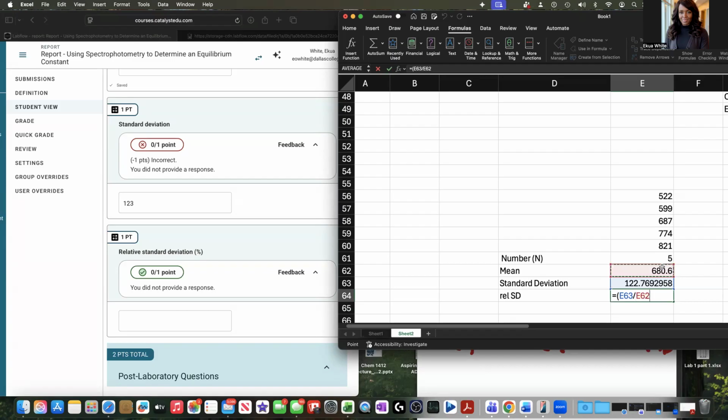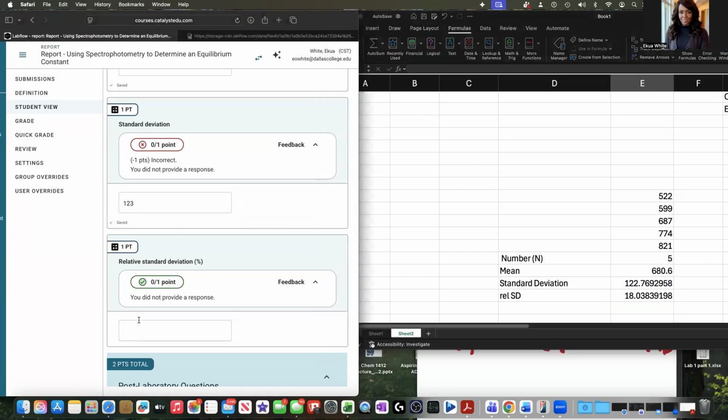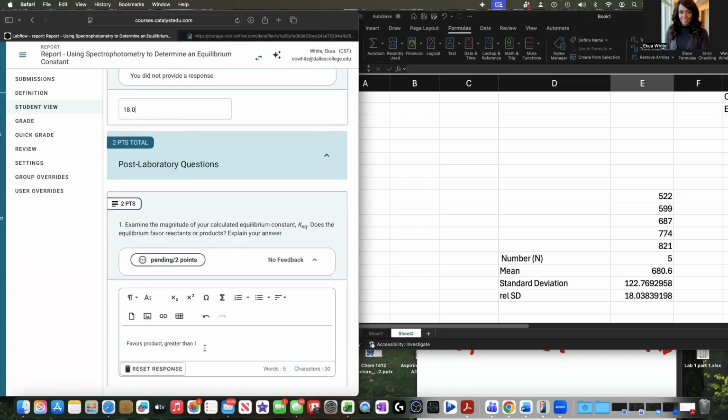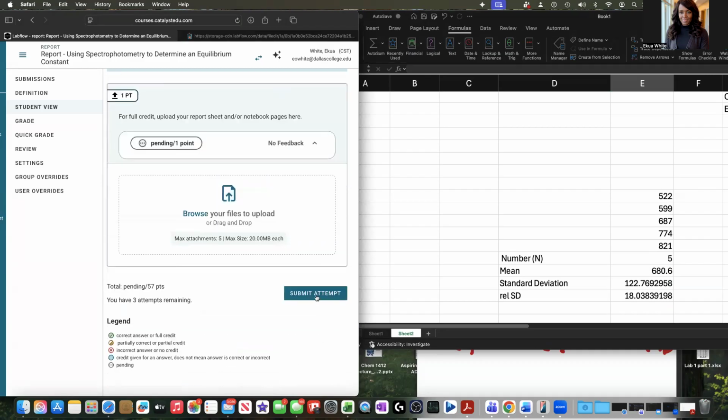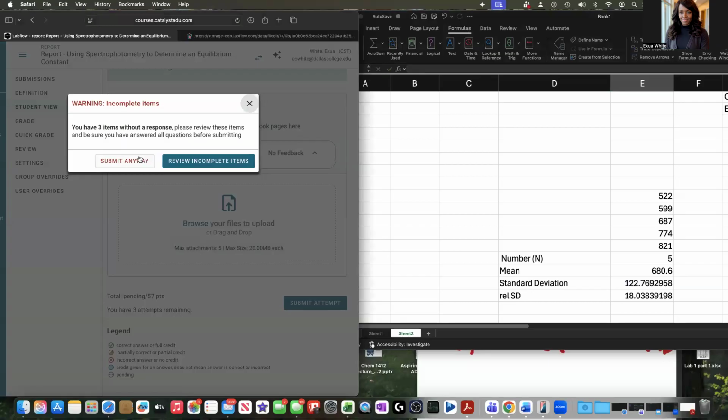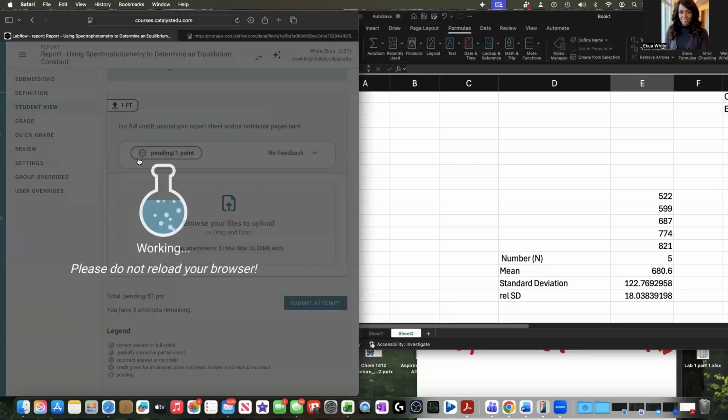And then take this times 100. So times 100. Okay. Yeah. So it looks like this is the value. Okay, let's see how we do, right? We got this as 18.0. Okay, let's see if this works out because this is all I got, guys. Submit anyway.